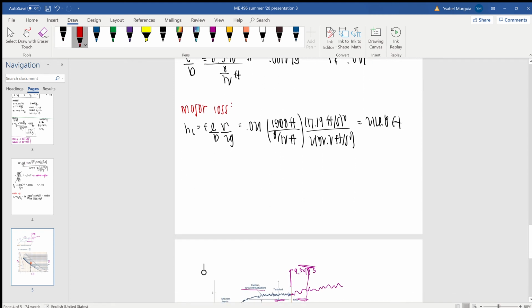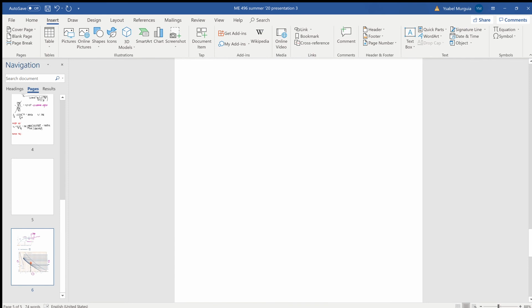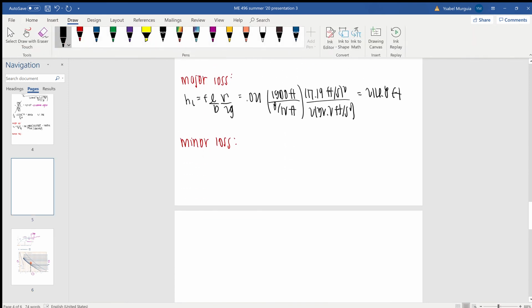And now for my minor loss, I will have to calculate for all the different components, which would be 4 total, 2 elbows, and then 1 entrance and 1 exit into the pipe. Okay, so for my minor loss and the elbows, H sub L is equal to K sub L, V squared over 2G.